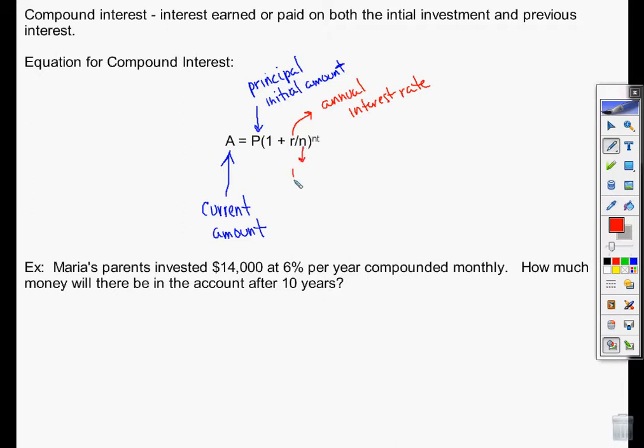N is the number of times the interest is compounded. And that's per year.